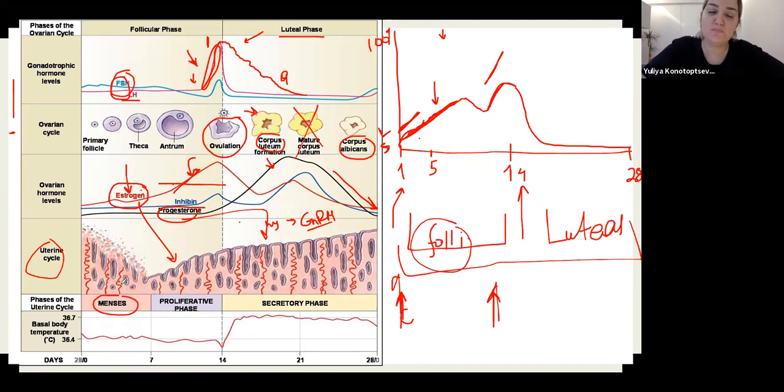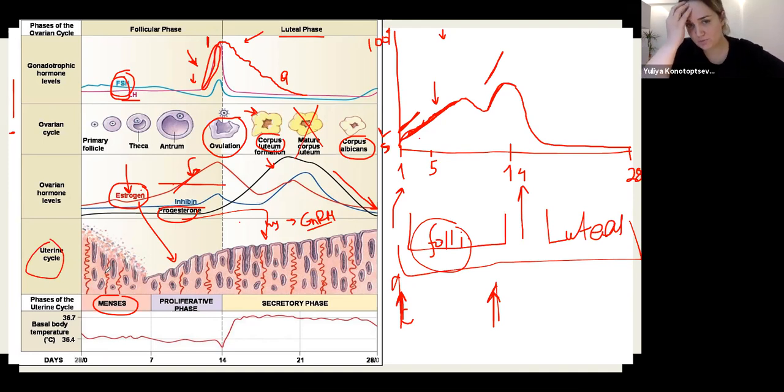First of all, what is menstruation? Menstruation is peeling off the endometrium, right? So we made the endometrium thick because we were preparing for the embryo. We were hoping that an embryo would arrive, but there is no embryo. Do we need this endometrium? No, so let's just peel it off, right? So this is your menstruation right here. Every time progesterone drops, you're going to have a menstruation. Is that clear?